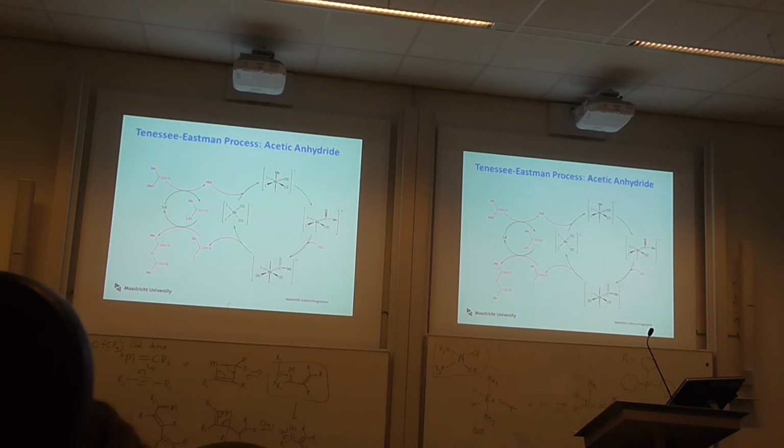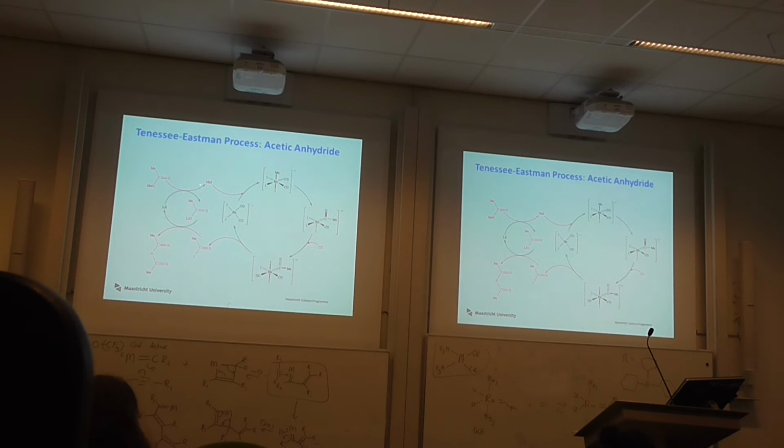Basically, everything is exactly the same, except this side over here. We feed also methyl iodide into the cycle, and we eliminate the acid iodide. So this cycle is actually identical to what we see with the Cativa process and the Monsanto process.